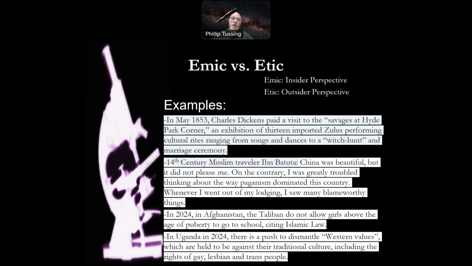Ibn Battuta in China didn't find that country to be a very good place, in large part because it violated his principles of how society should operate. This is applicable in 2024 for Americans looking at the treatment of women in Afghanistan.